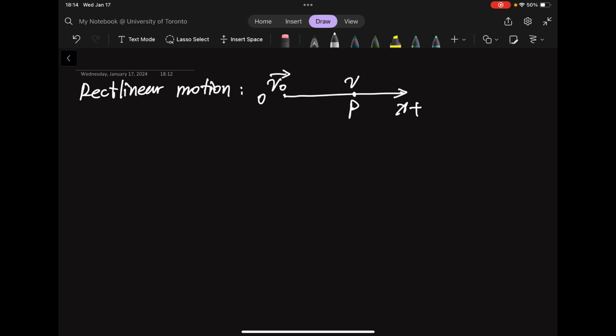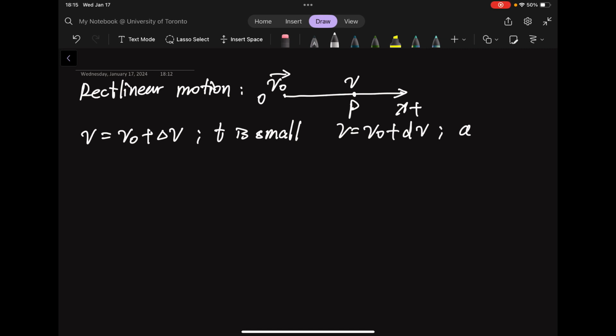So we have several very important equations we need to know. First comes from velocity, which is V equal to V0 plus delta V. When the time interval is very small, we could say V is equal to V0 plus dV.